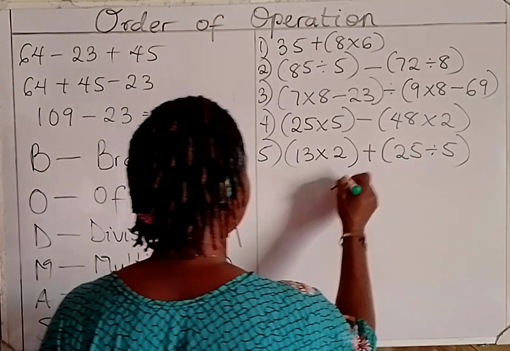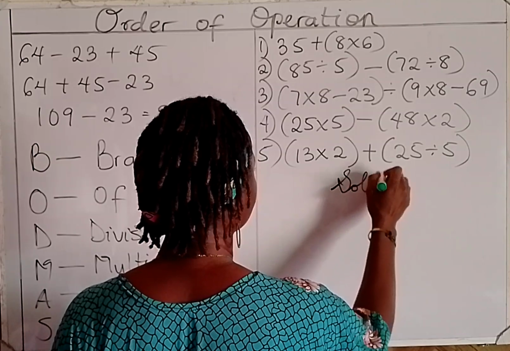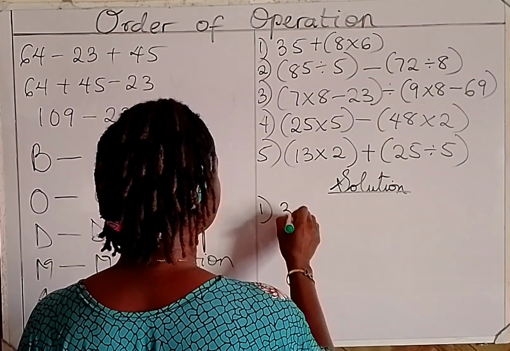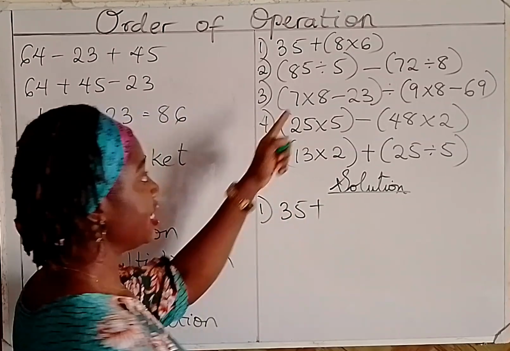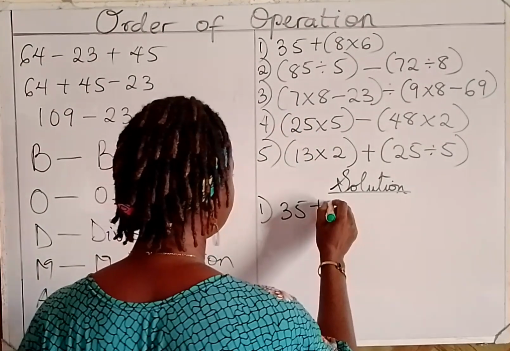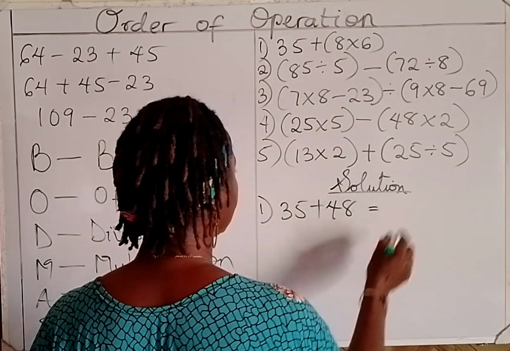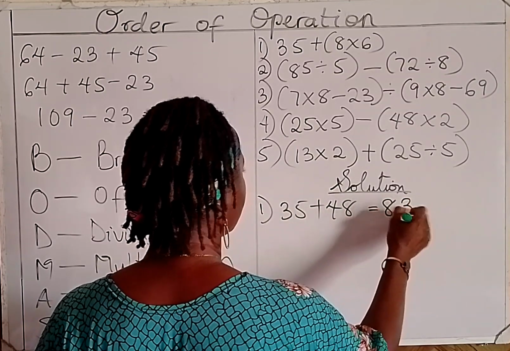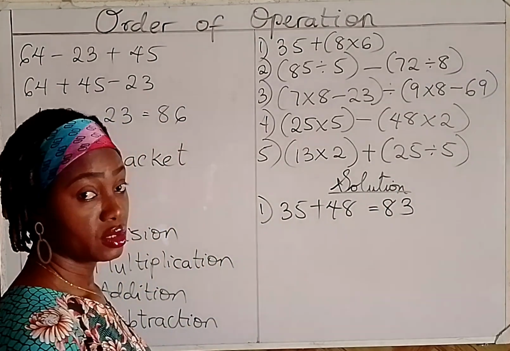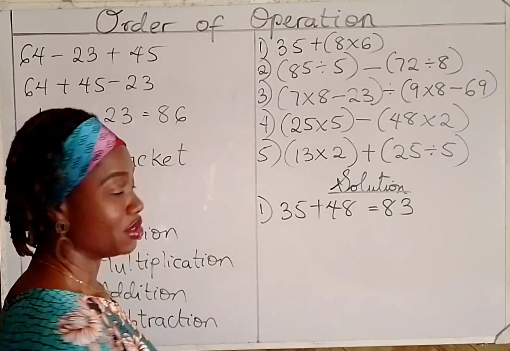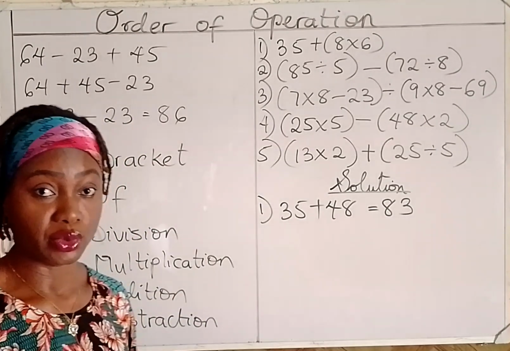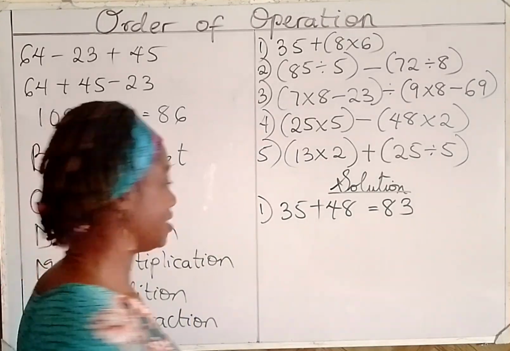So we have 35 plus 8 times 6, which is 48. Plus 48. And this gives us 83. Right? And that's the final answer for the first question. It's as simple as that. All you need to do is to apply the BODMAS principles and you get the answer right.